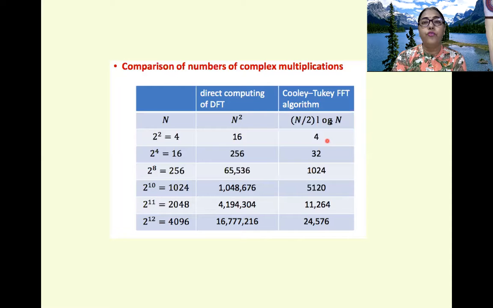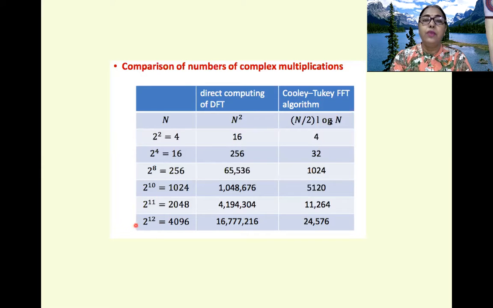For n equal to 4, that is 2 squared, the DFT requires 16, whereas the FFT requires 4. If n is equal to 16, that is 2 to the power 4, the DFT requires 256, whereas the FFT requires 32.